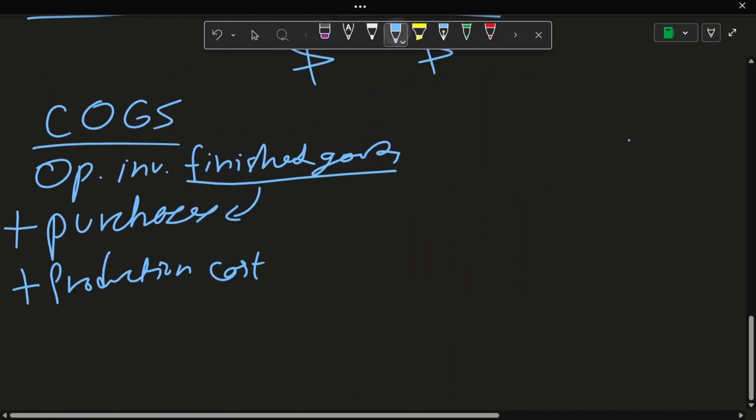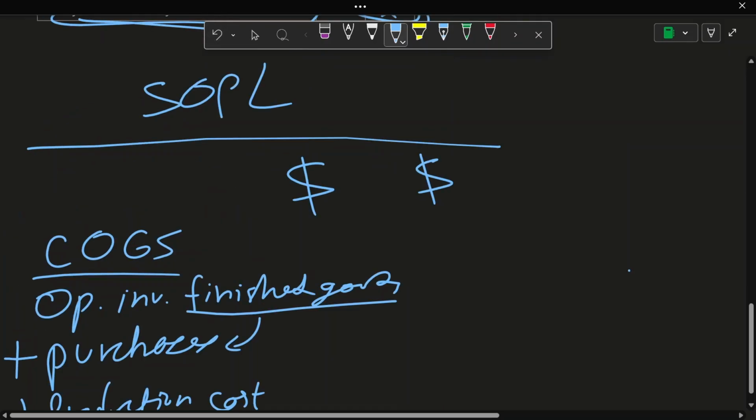Okay, your production cost, and then you have your closing inventory.